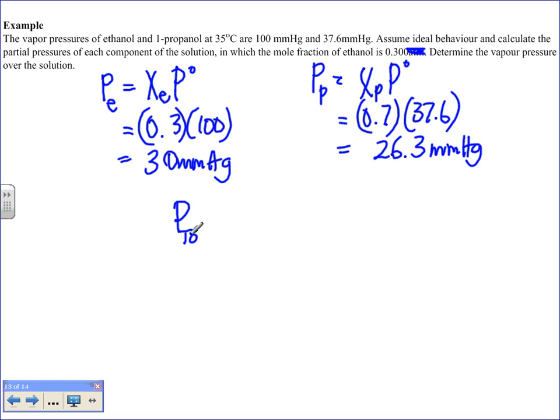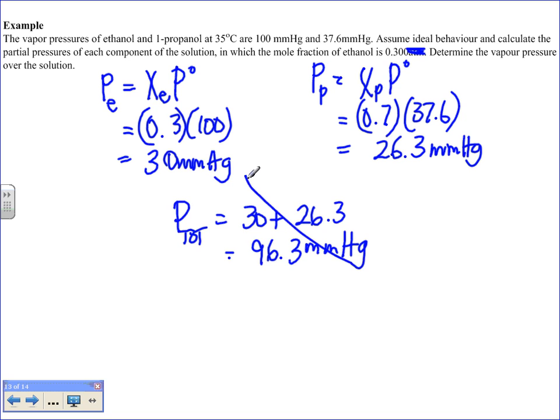So the total pressure, using Dalton's law of partial pressures, is simply the sum of these two. Which is 96.3. Okay, so each individual substance has experienced vapor pressure lowering.